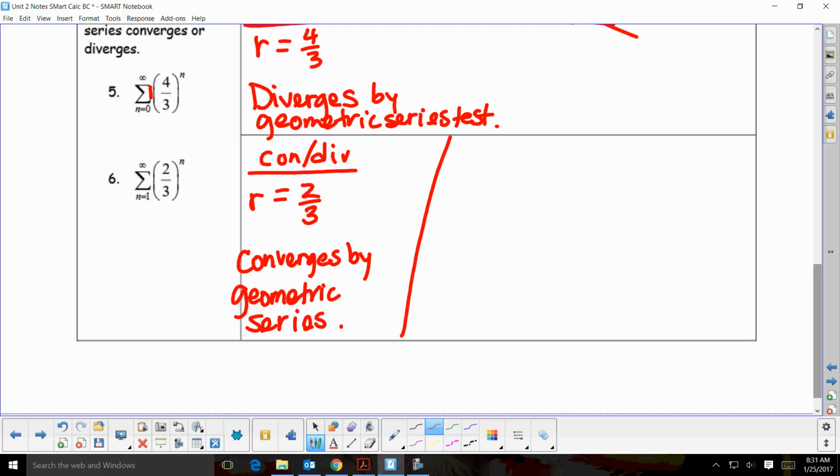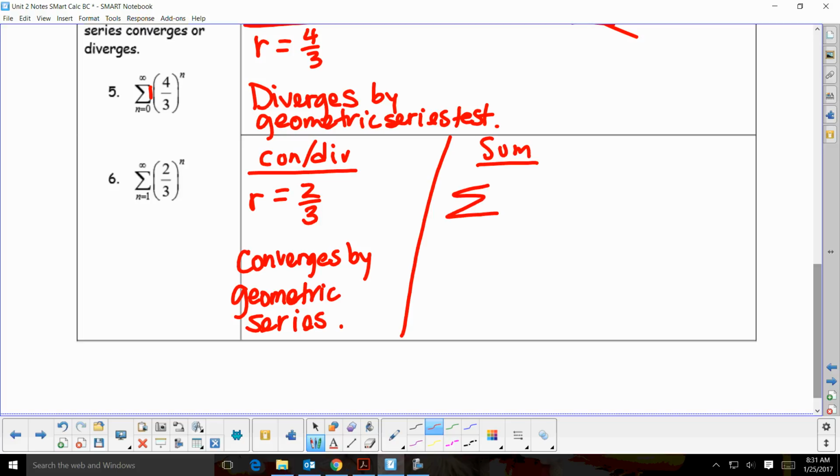Now, what if I wanted to find the sum? You plug it into the formula, a over 1 minus r, but that only works when what? n is 0.